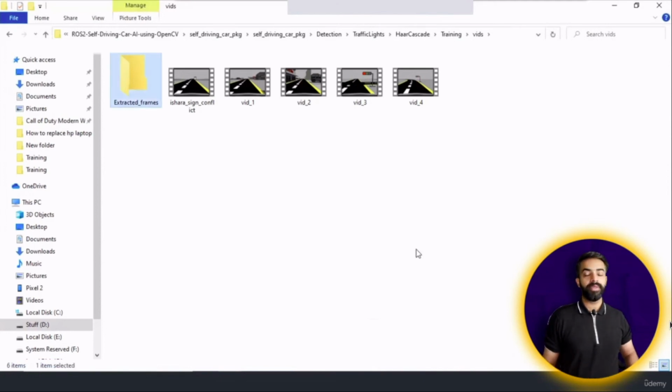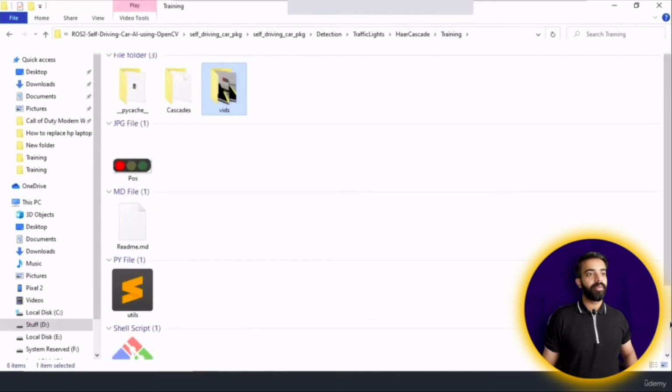Along with this, we will have an empty folder of extracted frames. Now, this folder will come in handy later on. Now, once we have the training videos, we can move on to the next step.